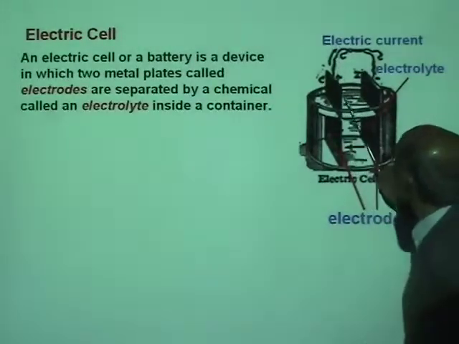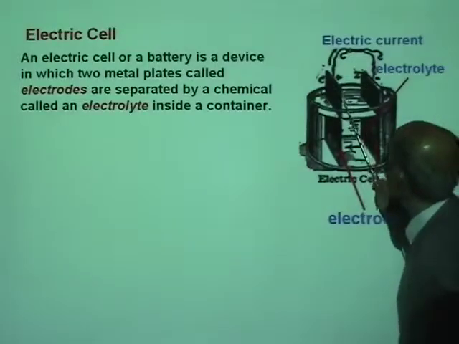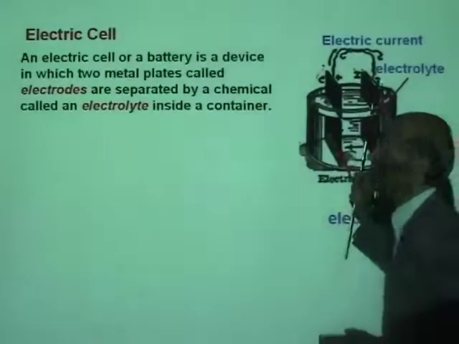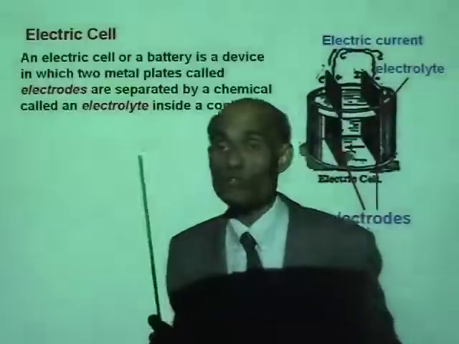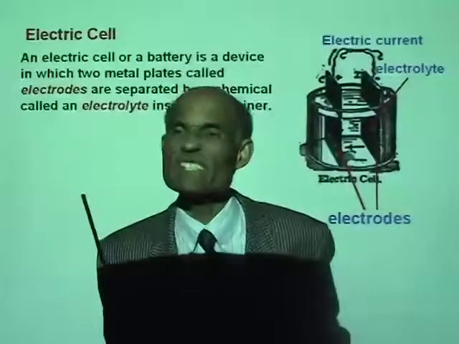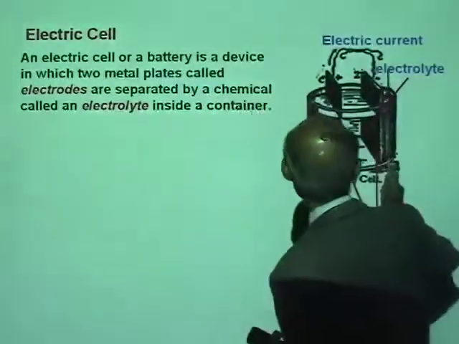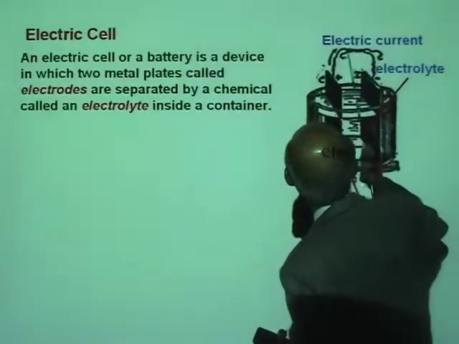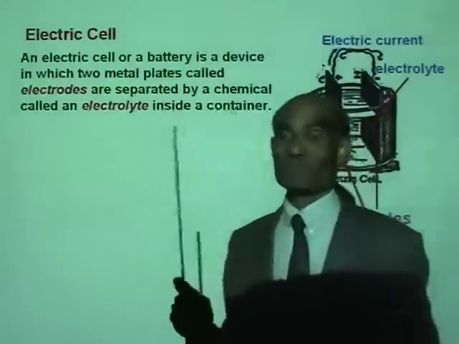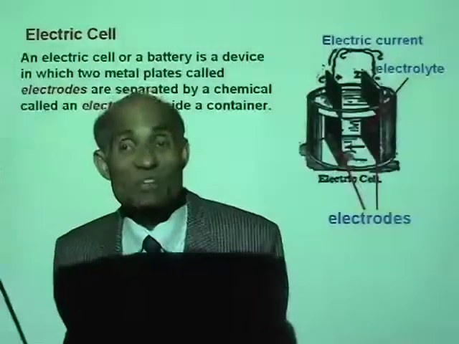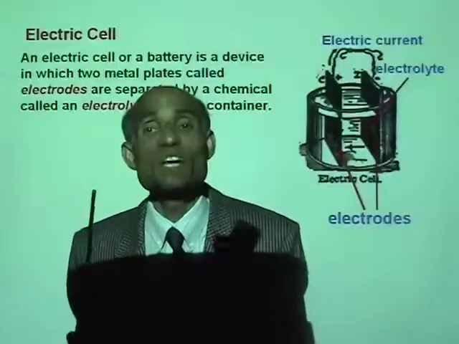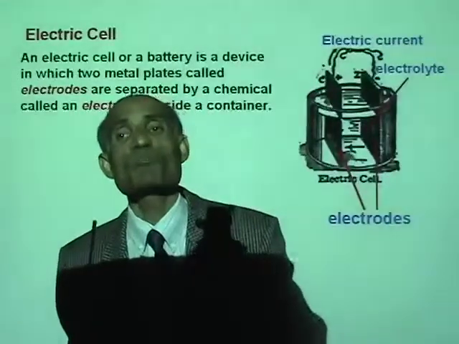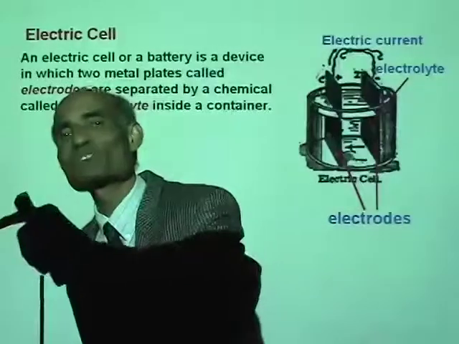And you have an electric current. You see, the electric current is caused by the flow of negative charges from zinc to copper, but the direction of an electric current is considered to be the direction of motion of a positive charge.